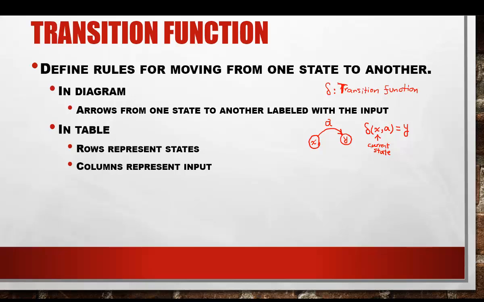In your finite machine, when you encounter an input symbol, A will be your current input symbol. And y will be your next state.